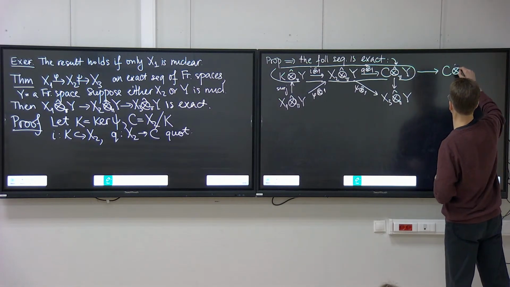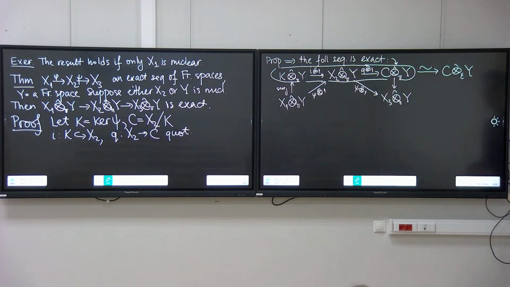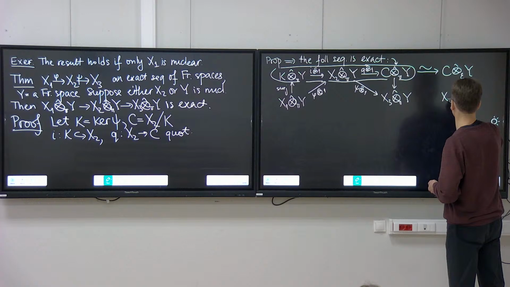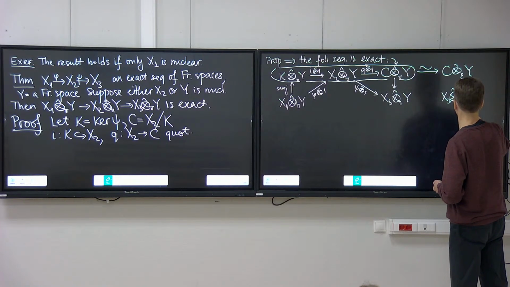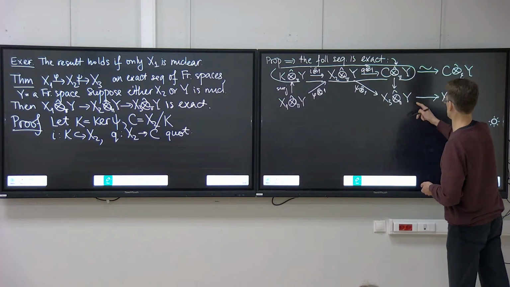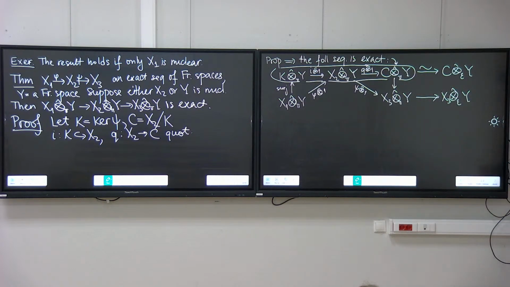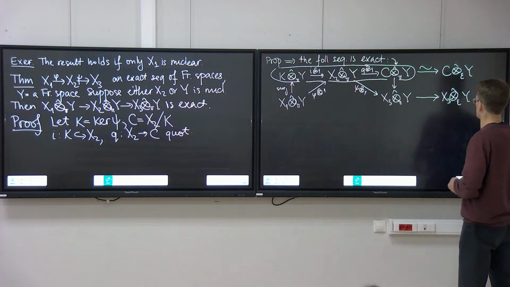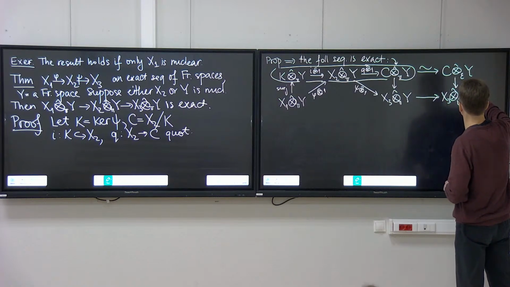So this is the injective tensor product of C and Y, and here we have an isomorphism because either Y or C is nuclear. Here we can also consider the injective tensor product of X3 and Y. In general, this is not necessarily an isomorphism, because X3 is not necessarily nuclear, and Y is not necessarily nuclear. But anyway, this map is injective.